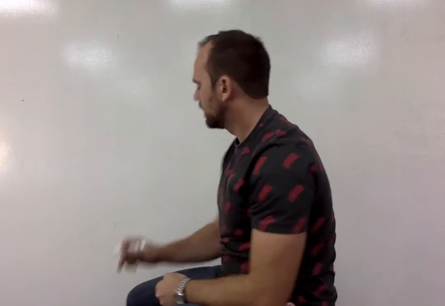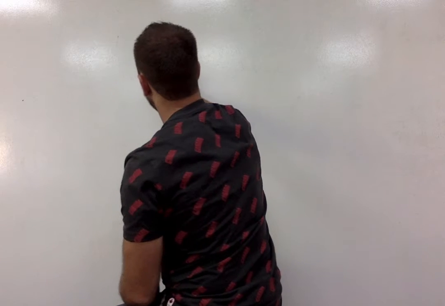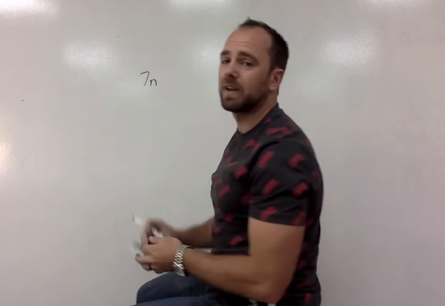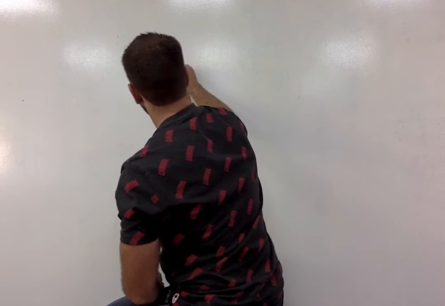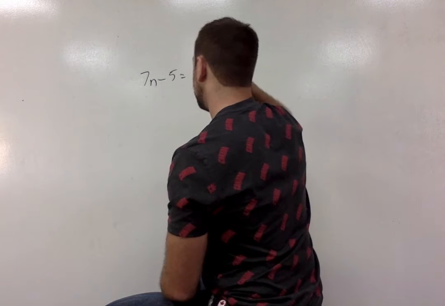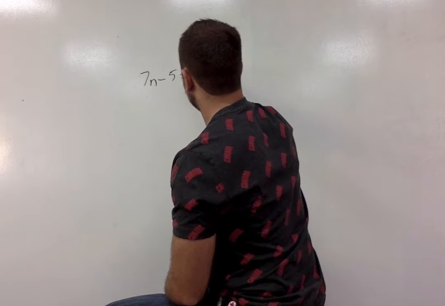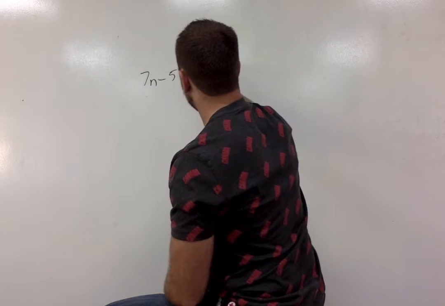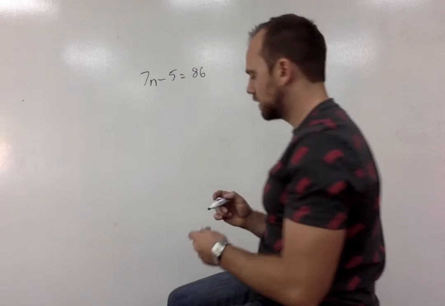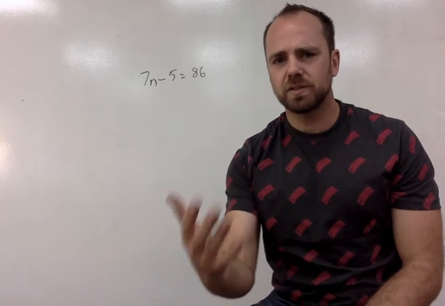Let's go. 7 times n, actually, I'll make it a little bit harder, minus 5 equals 86. Okay, try this on your own. I'll give you guys a little bit of time.